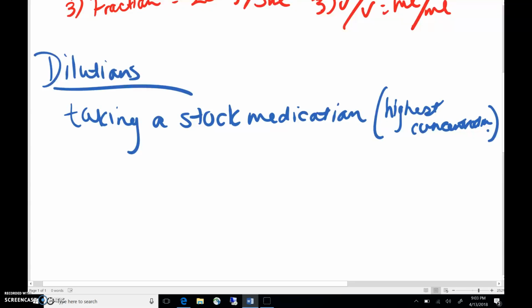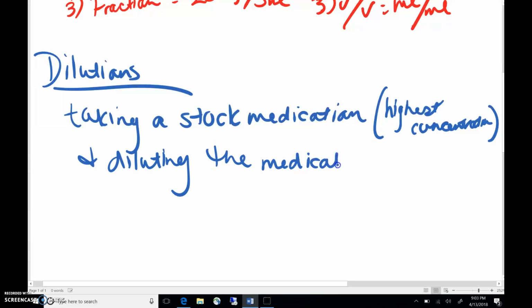So with the dilution, you're taking a stock medication that has the highest concentration, and you're diluting the medication to a desired concentration.